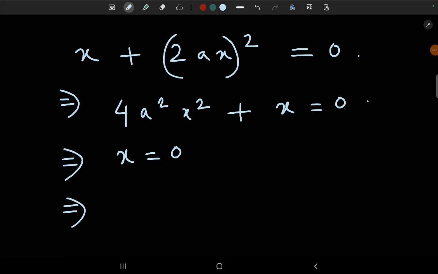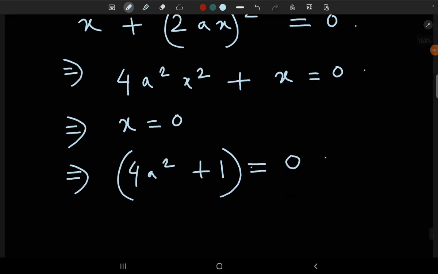So the non-trivial part is 4a² plus 1, with x removed as common, into x equal to 0. Or the x part is equal to 0.